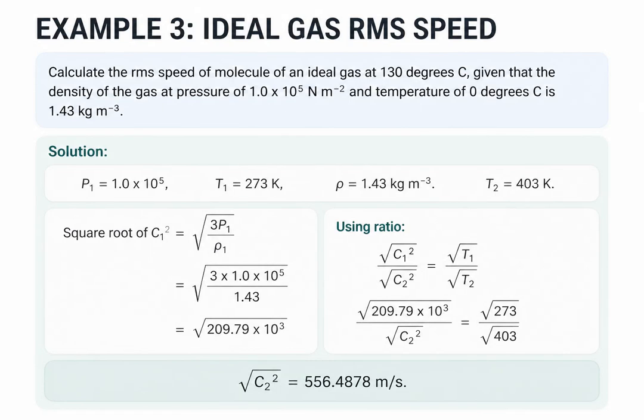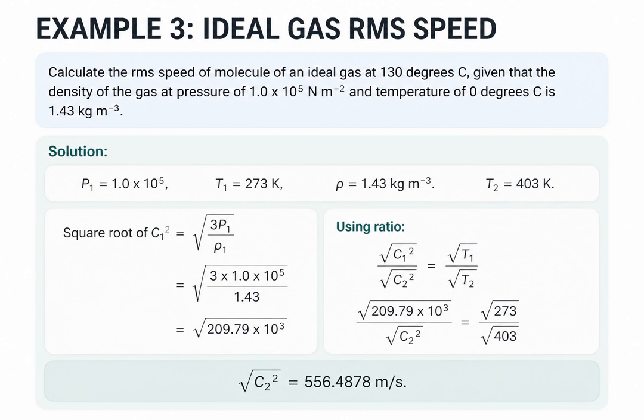Example 3 asks for the RMS speed of an ideal gas at 130 degrees Celsius, given its density and pressure at 0 degrees Celsius. First, we calculate the RMS speed at 0 degrees Celsius, or 273 Kelvin, using the square root of 3p over rho. This gives us the initial speed. Then, we use the principle that the RMS speed is directly proportional to the square root of the absolute temperature.